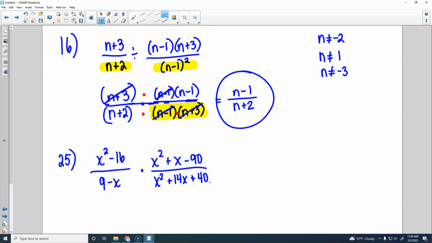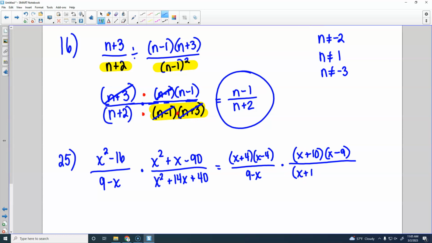So it's going to be to our benefit to factor everything. This will factor into x plus 4, x minus 4. We'll leave this alone. I'm going to have x plus 10, x minus 9 for that numerator there. In the denominator, I'll have x plus 10, x plus 4.